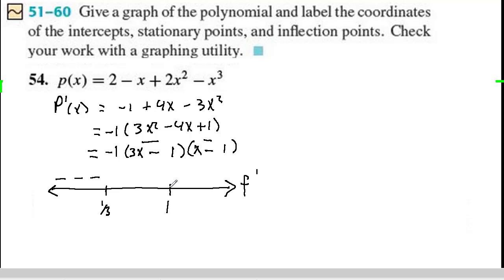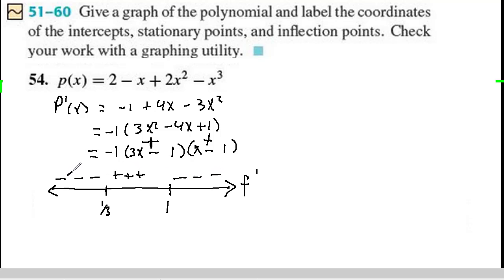In between 1/3 and 1, this one already crosses the x-axis, so this one will switch to a positive number, and then we will have two negatives and we will get a positive. Once we get past 1, then this one will cross again, and now we'll have two positives and a negative, and so we get a negative.